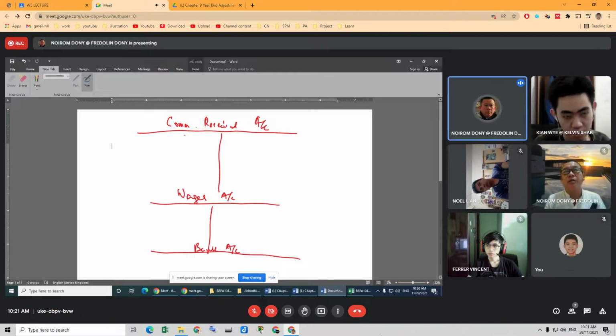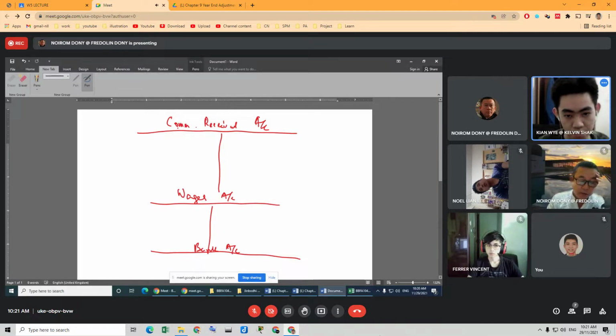What is that? You need to classify, because this is indicating to you the opening balance. Is it a debit or credit balance? Sorry, asset or liability. If you say credit, then this is a liability.